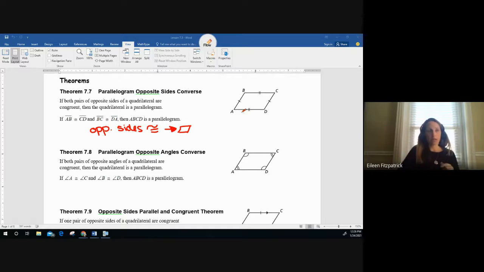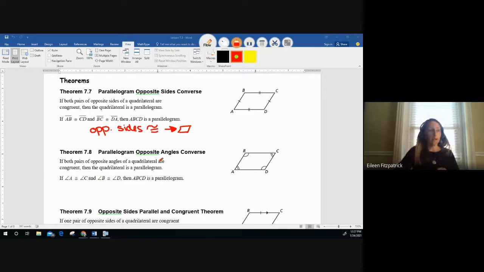And once you make that conclusion, that means opposite sides are parallel. It means opposite angles are congruent. It means consecutive angles are supplementary. It means diagonals bisect each other, right? So as soon as you make the conclusion that it's a parallelogram, all of that information is true.